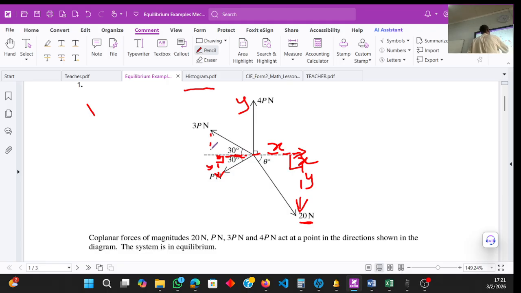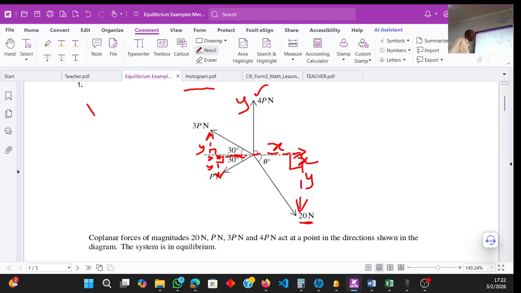The same will apply also to this one here, where I've got the x as the horizontal component and the y vertical. But with this one here, the 4p newtons, we see that it's in line with the y-axis. So it does not have the x component, or actually the x component will be equal to 0.